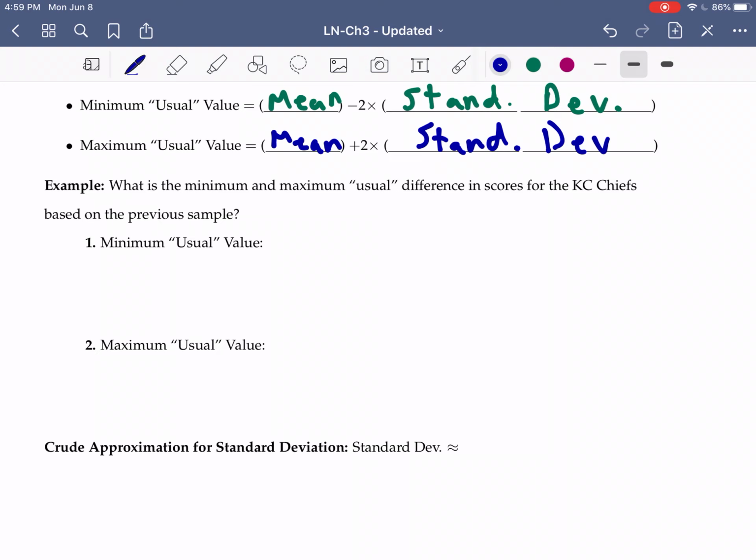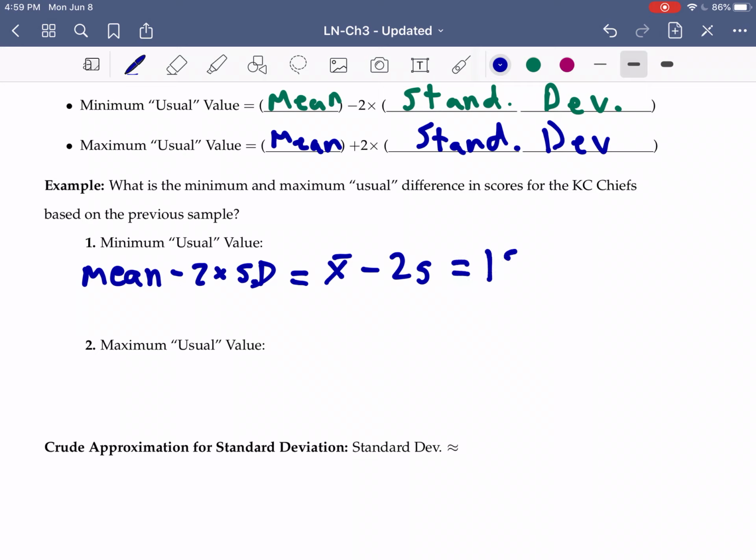Our minimum usual value is going to be the mean minus 2 times the standard deviation. Notationally, this is x bar minus 2s.